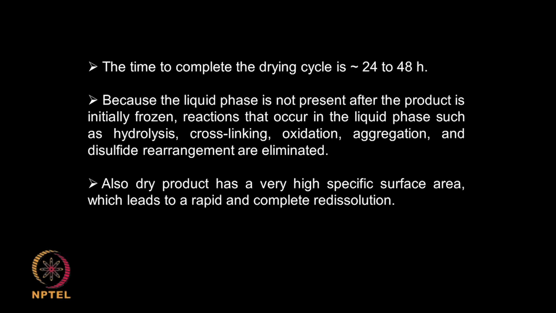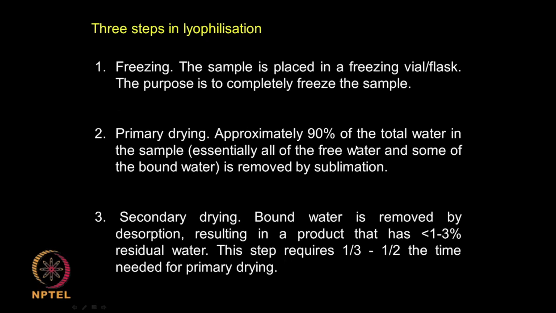So we can do lyophilization of a lot of products using this type of techniques actually. So freezing, primary drying, secondary drying. So approximately 90% of the water is removed in the primary drying, that is by sublimation, and then in secondary drying where you have the bound water, you can bring down the moisture content to less than 1%.